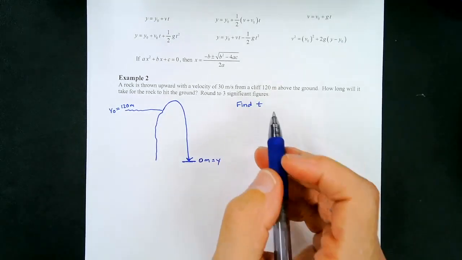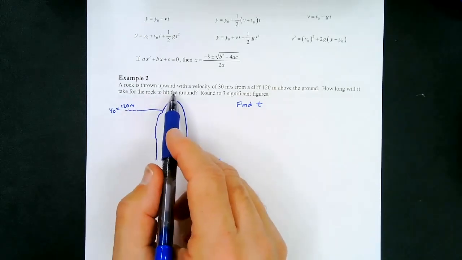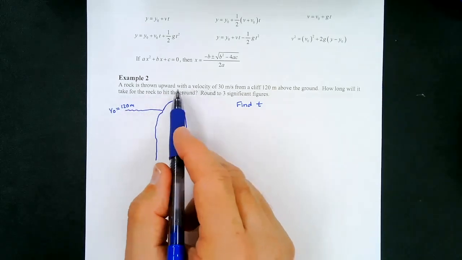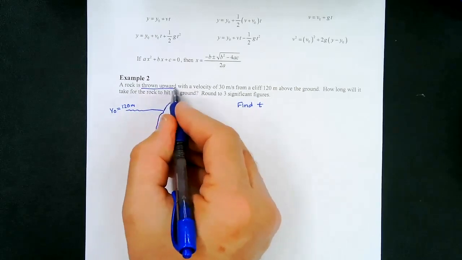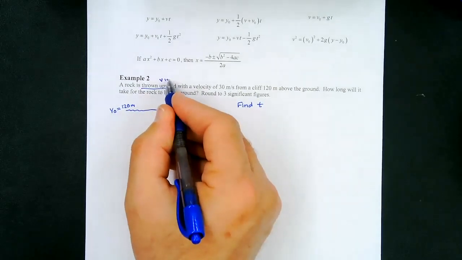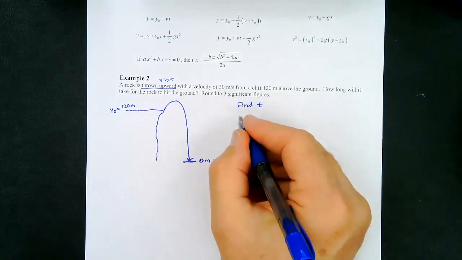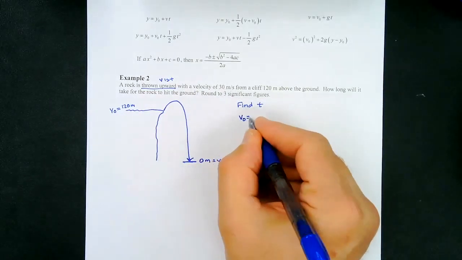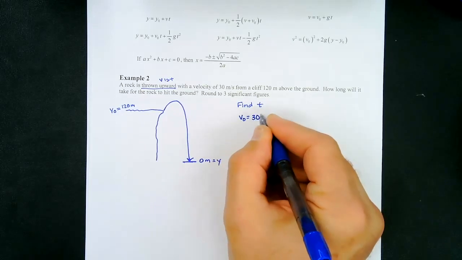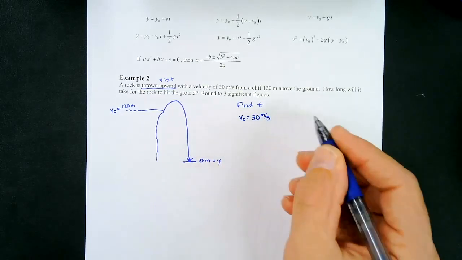Now, what do I know? Well, it was thrown upwards, right? So that's going to be a starting velocity that's positive. So thrown upward, v is positive, and it's going to be positive 30 meters per second. So I know v sub 0 is equal to 30 meters per second.